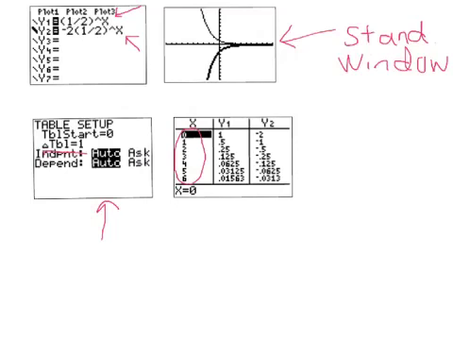And what I want to do is show that the function's been reflected over the x-axis and expanded by a factor of 2. The fact that the graph here is reflected over the x-axis can be seen in the sign of the y-coordinates.